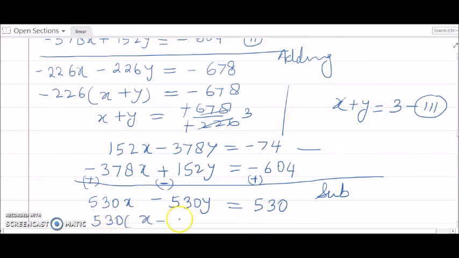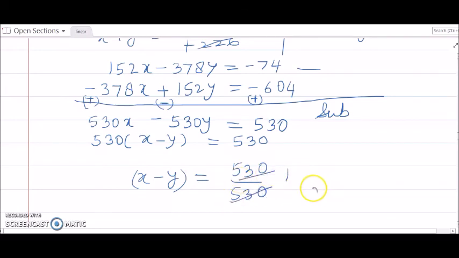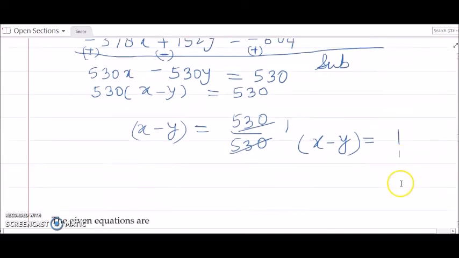You will get x minus y equals to, from here, 530 upon 530. Yes, the fourth equation is x minus y is equal to 1. Use any of the methods.